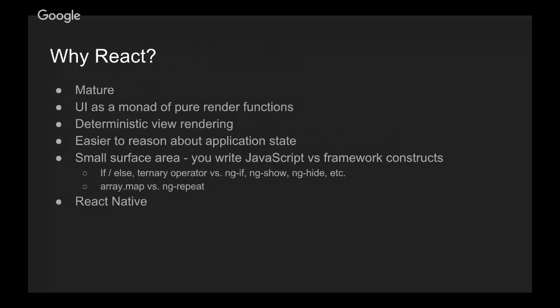And then there's also a compelling story behind React Native. So React Native is a sister project to React, and it allows you to use most of the same code. And then React decouples the rendering from the internals such that for a website, you use React DOM.